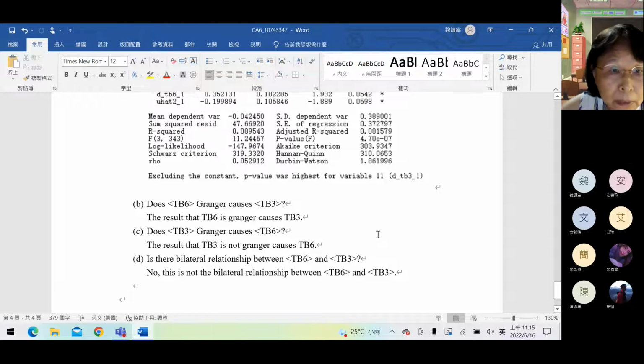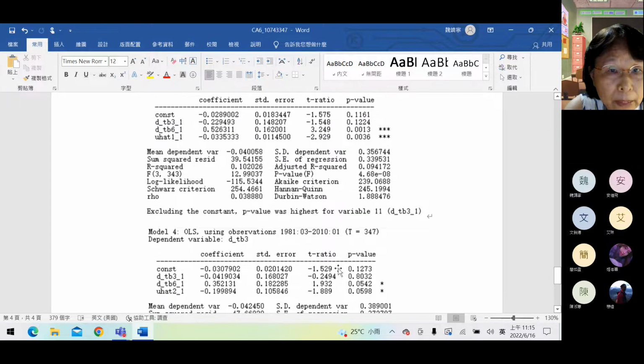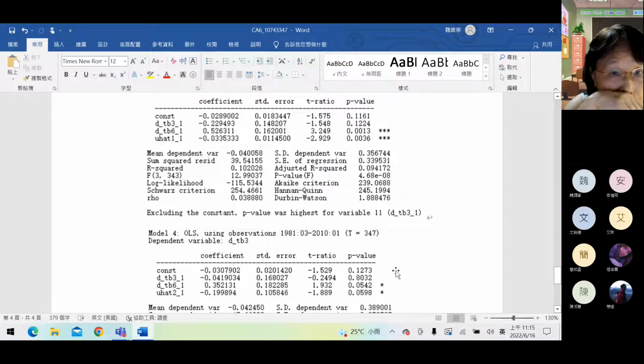Okay, Esther, look at the last model you just showed, this one and the upper one. We do need to see whether the coefficients are significant or not, both on the difference of the first lag of TB6 or TB3, including the error term's coefficient.